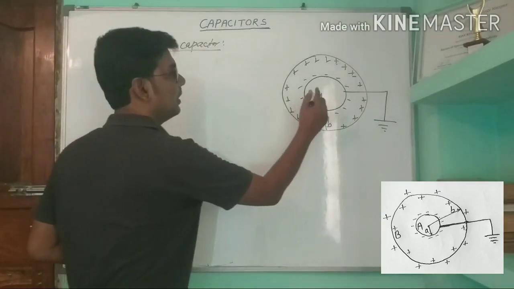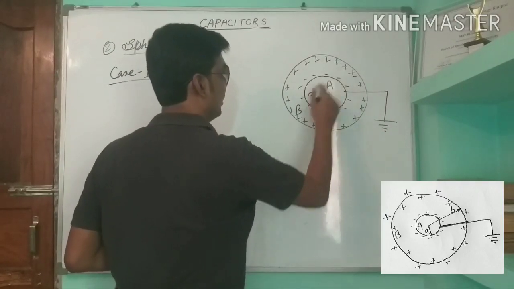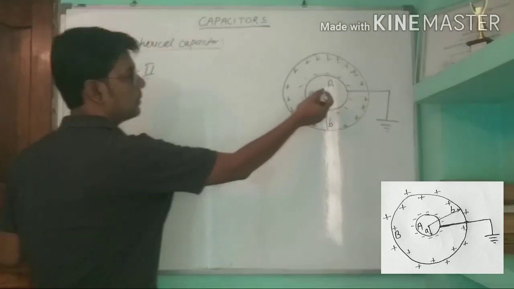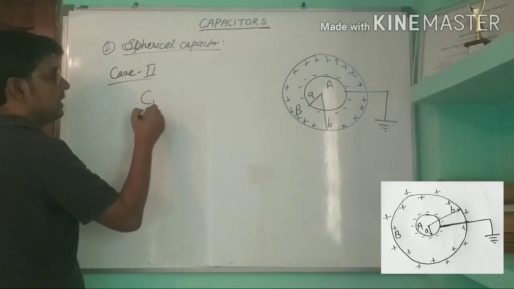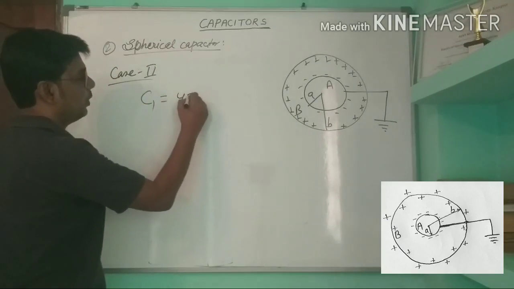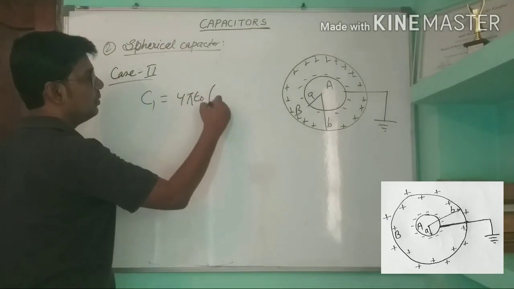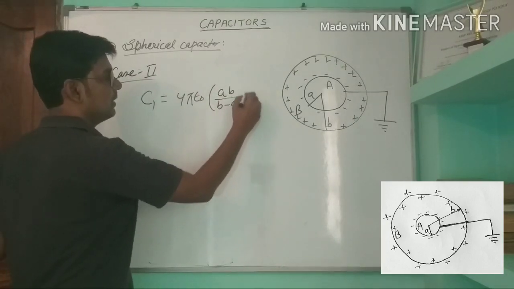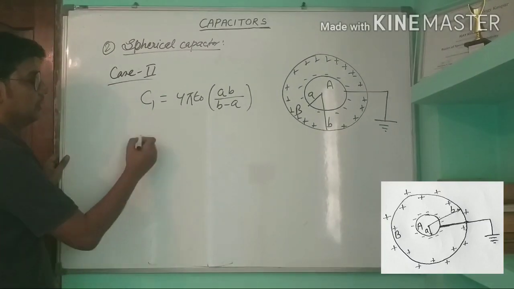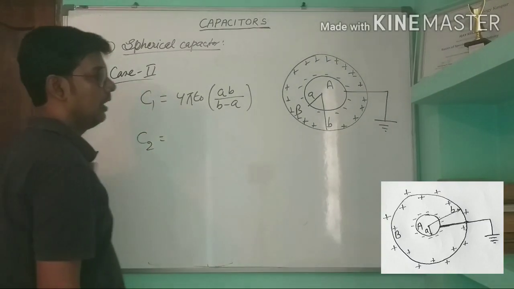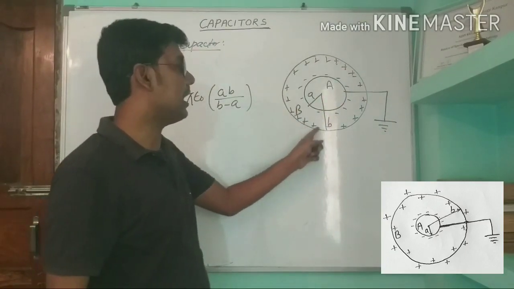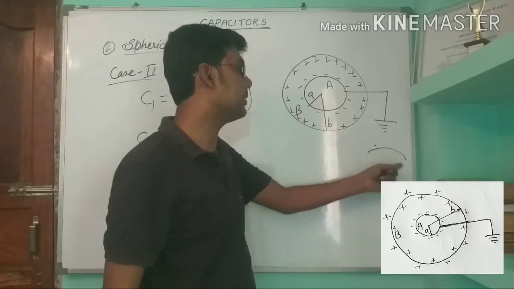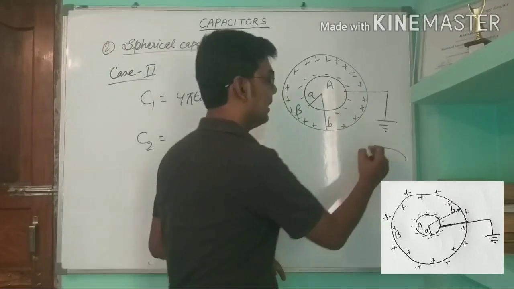First, because of this A and this B, the capacitance due to this AB will be, say, C1, that is equal to 4 pi epsilon 0 into AB upon B minus A. Now C2, this outer surface is positively charged and our earth also acts as a conductor, so it is negatively charged.